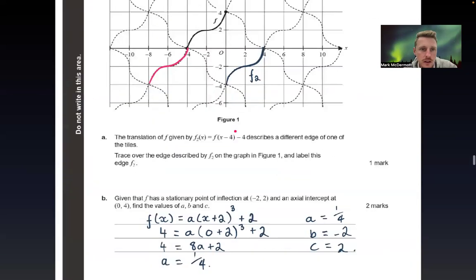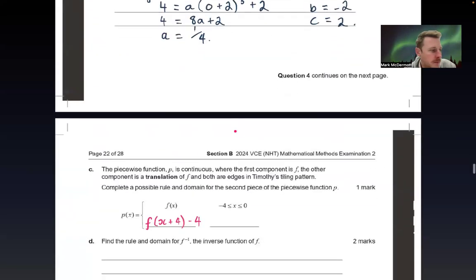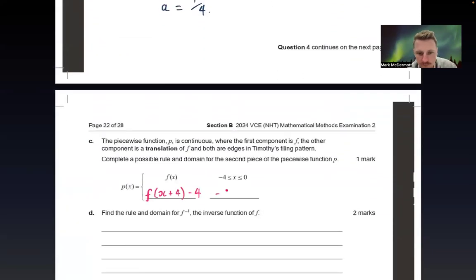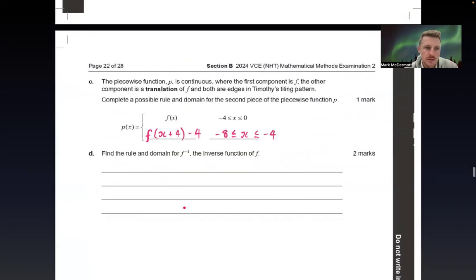And the domain of that line would be from -8 to -4. But I reckon there's lots of answers to that because you could translate it to any of those other tiling patterns.